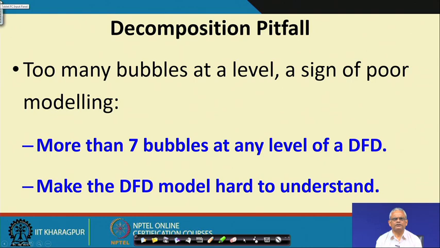So, any DFD diagram at any level should have about 7 maximum bubbles, and that will be a good DFD diagram. It will be easy to understand. Otherwise, if there are too many bubbles, then the diagram would become difficult for somebody to understand.